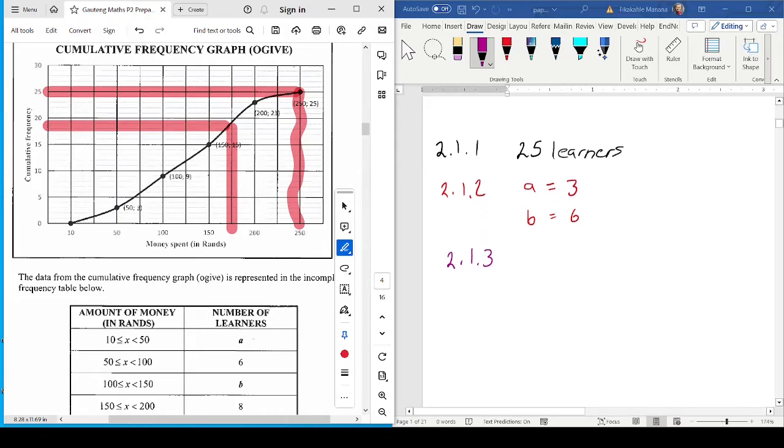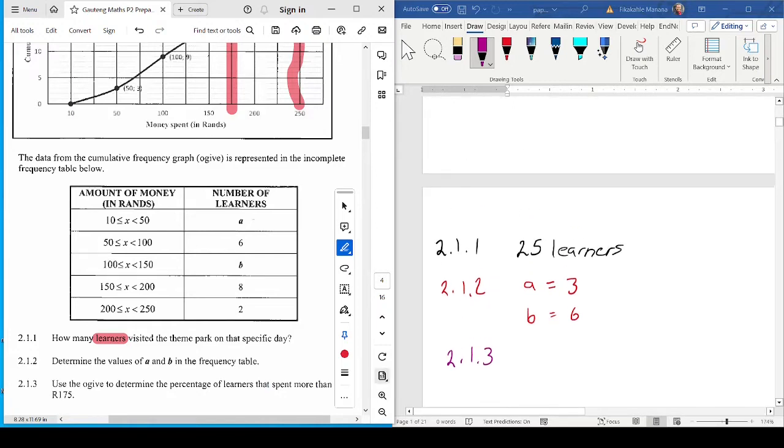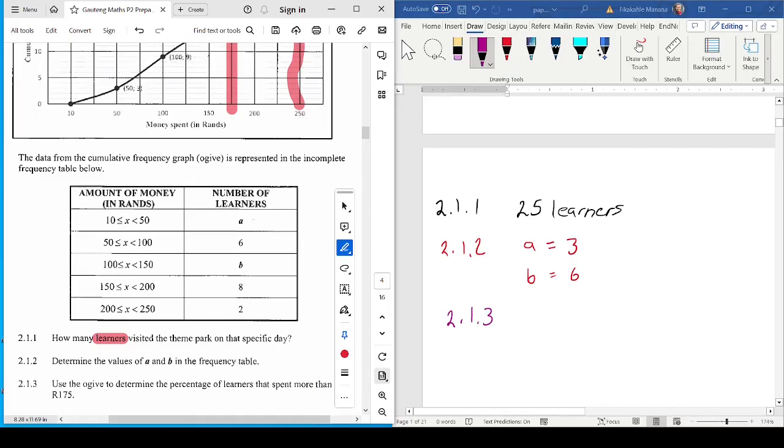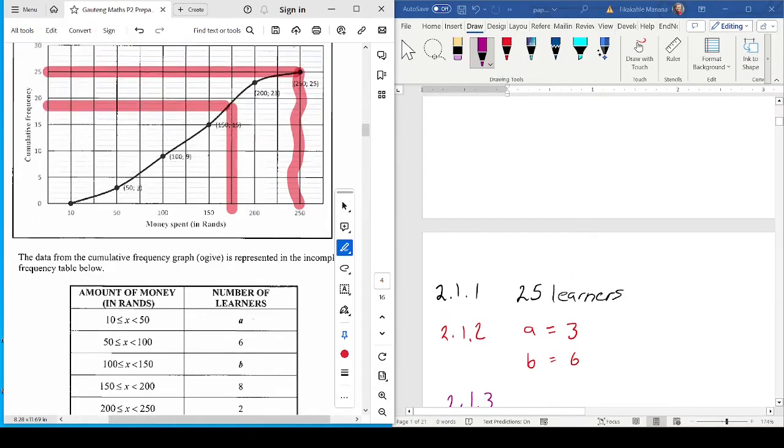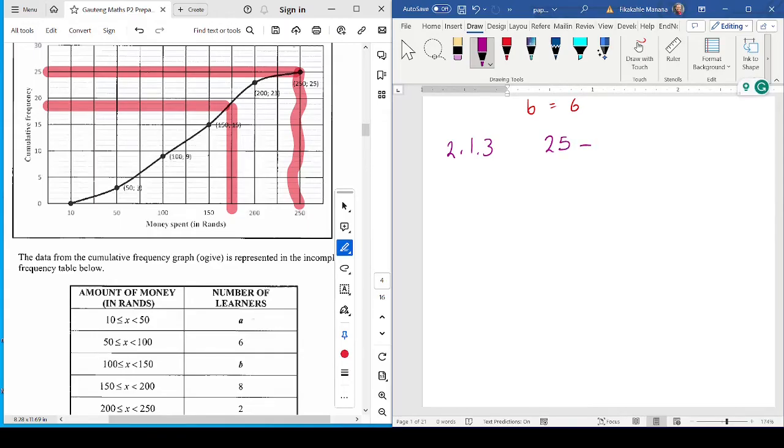The question says use the ogive to determine the percentage. To solve a percentage, first of all, the total is 25. I'm going to say 25 minus 19, because we just want this area between these two blocks. We get 6.